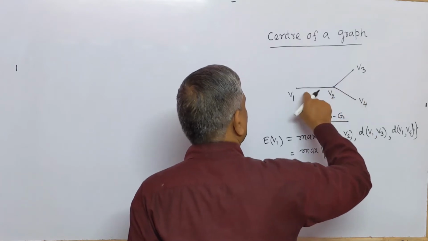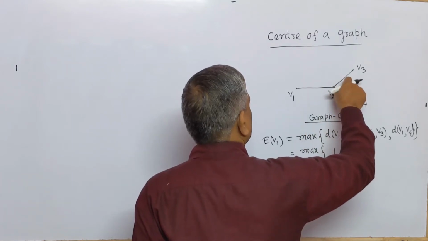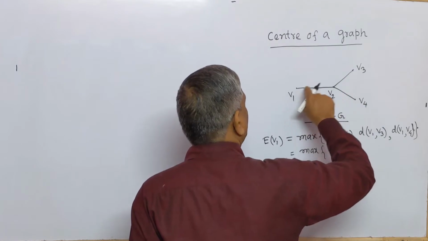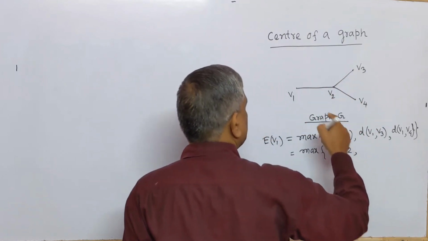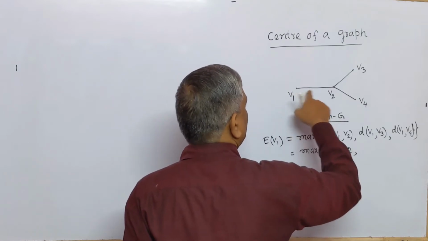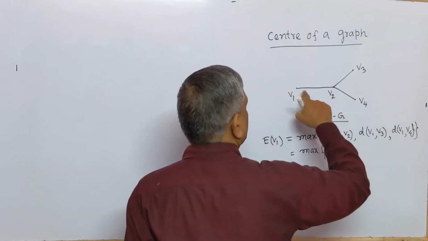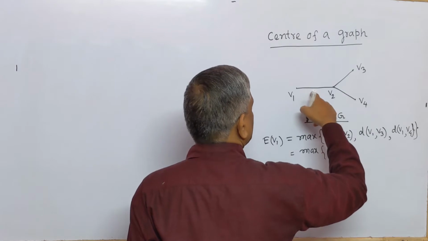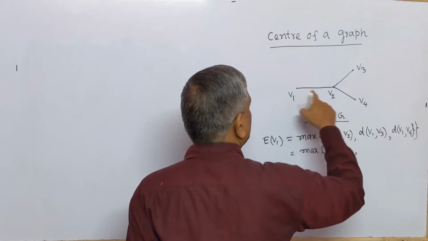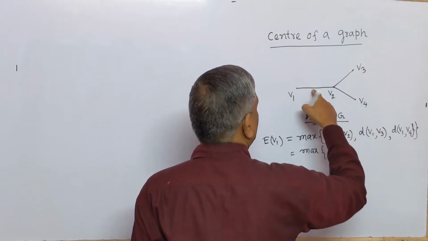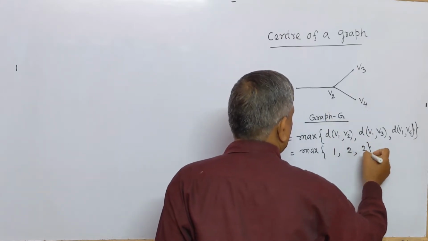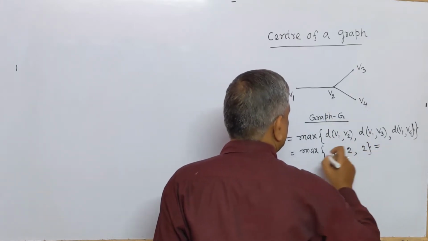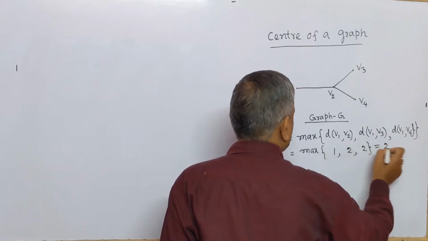We have two edges in the shortest path from V1 to V3. So here we write 2. Distance between V1 and V4, the number of edges of the shortest path from V1 to V4 is 1, 2. So here we write 2. So maximum value is 2.